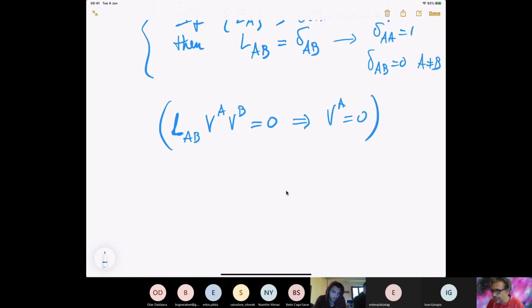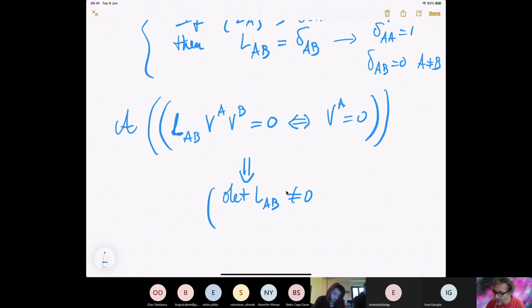The other implication is trivial. And we want to prove that this equivalence implies that the determinant of L_AB is different from 0. So this is proposition A, and this is proposition B.